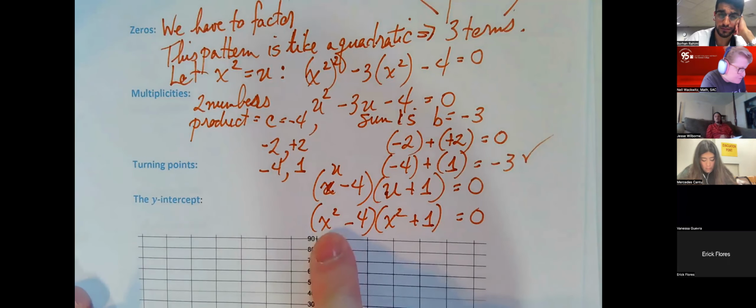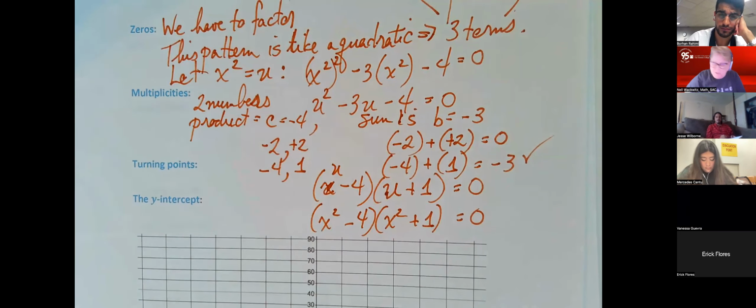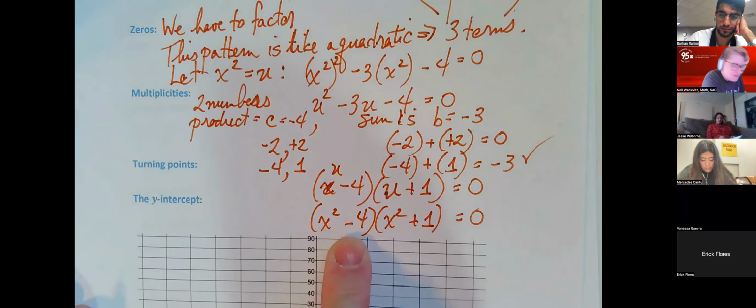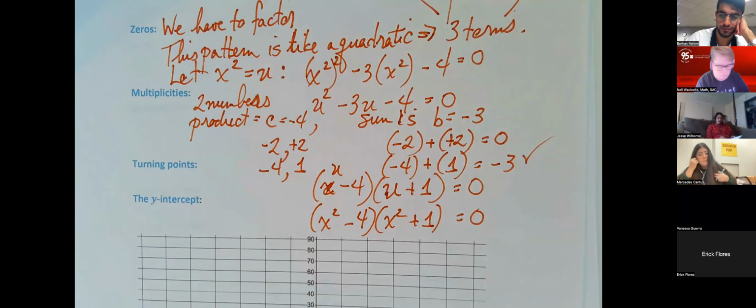Can we keep factoring if we have x squared minus 4 as a factor? Can we factor x squared minus 4 more? Yes. How does that factor?